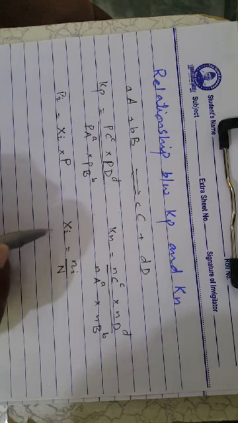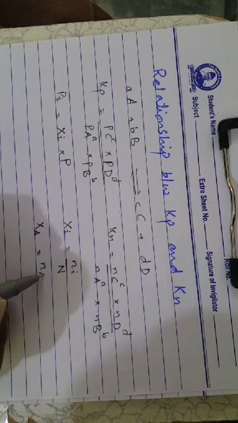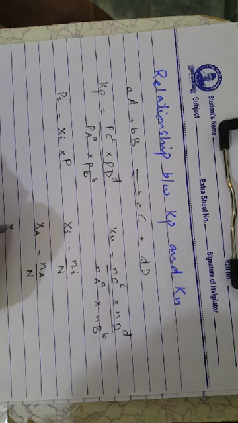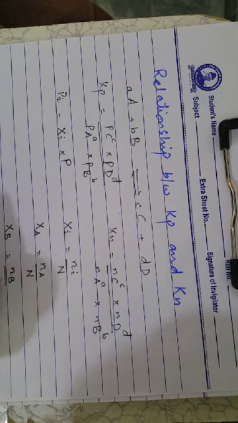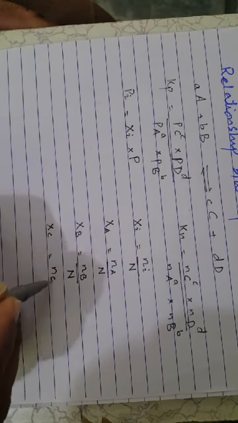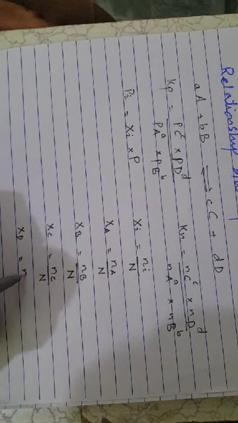Now the mole fraction of A will be equal to number of moles of A divided by N. The mole fraction of B will be equal to number of moles of B divided by total number of moles N. Next, mole fraction of C will be equal to number of moles of C divided by N, the total number of moles, and mole fraction of D will be equal to number of moles of D divided by total number of moles.